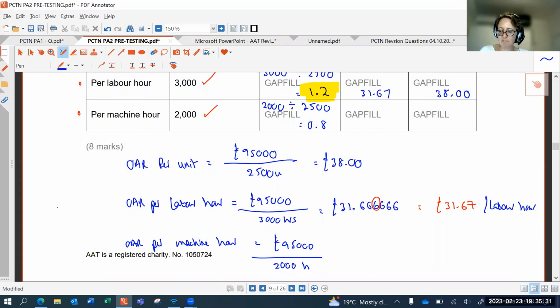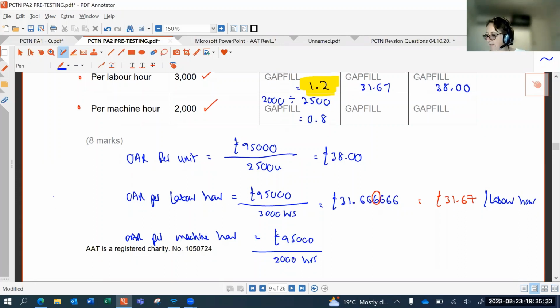There's 2,000 of them. So £95,000 shared over 2,000 hours would give me £47.50 per machine hour. So if it spends a whole hour, that would mean it would cost £47.50 in overhead.